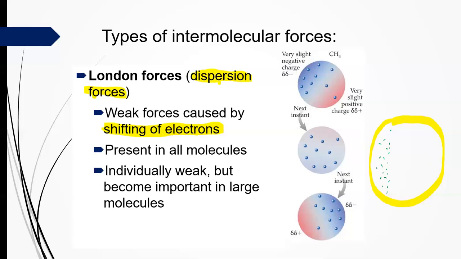So the more electrons we have moving around, the bigger those swings can be. It's probably never going to be all 100 electrons out of the 100 on one side, but maybe it's only 10. Maybe it's an extra 10. Maybe it's an extra 20, right? So the more electrons we have there, the bigger those swings can be because there's more electrons in motion. And so we can have it shift one way or the other.